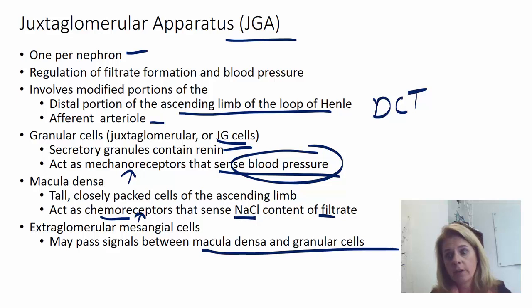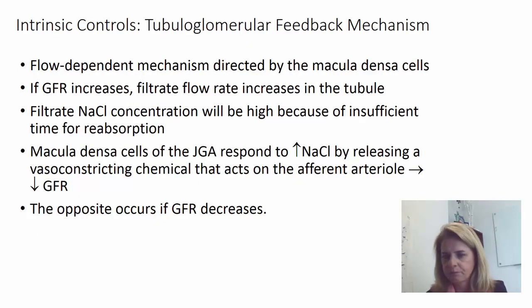So you have communication between something that can regulate blood pressure by sensing the pressure, and something that's sensing the salt content. We know that blood pressure and volume and water and salt are all related, so it's a really good thing that these things are talking to each other. And it's happening right here at the JGA.